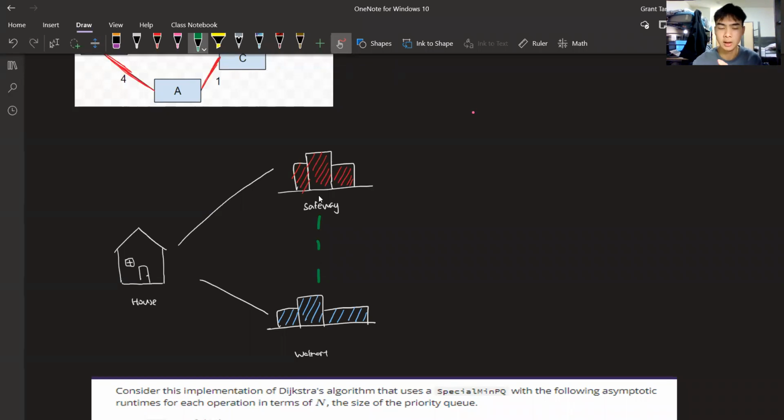If this is greater, then this would not be the shortest path by definition. Instead, this would be the shortest path. Therefore, my answer is true. The distance of a shortest path from U to V, right here, cannot be greater than this path right here.